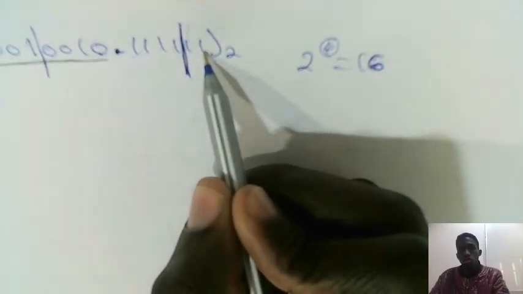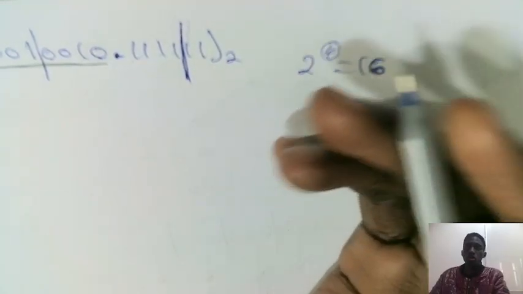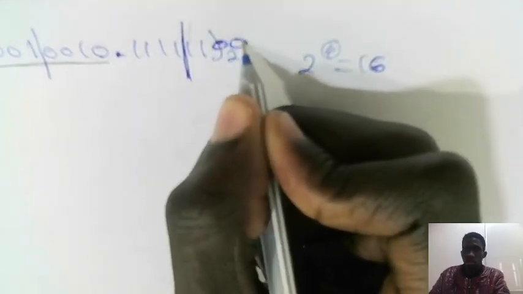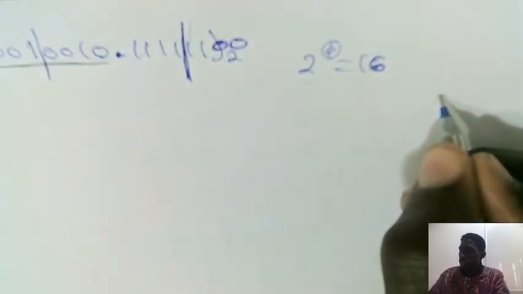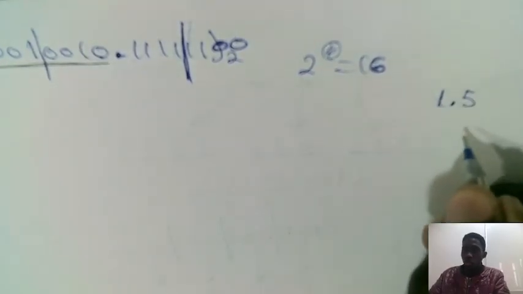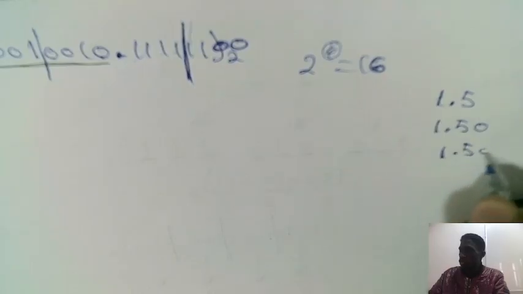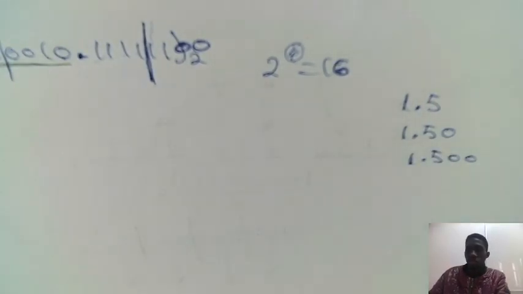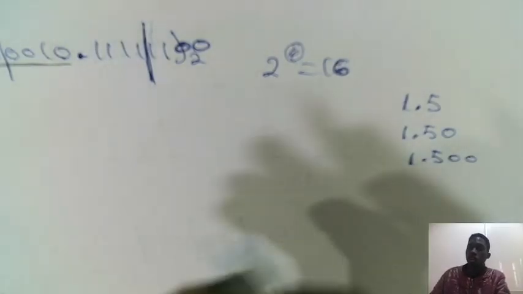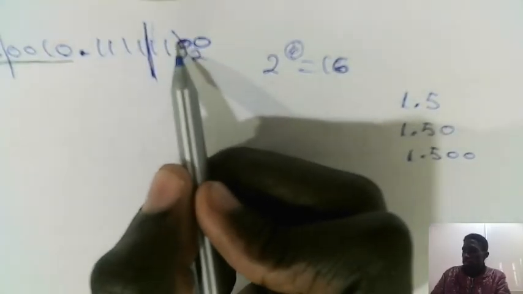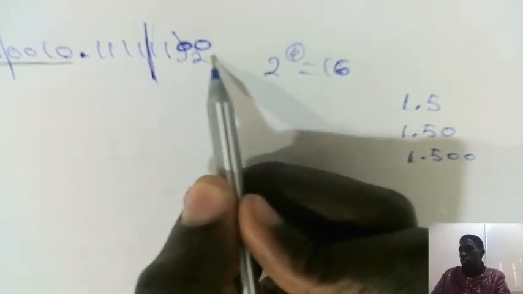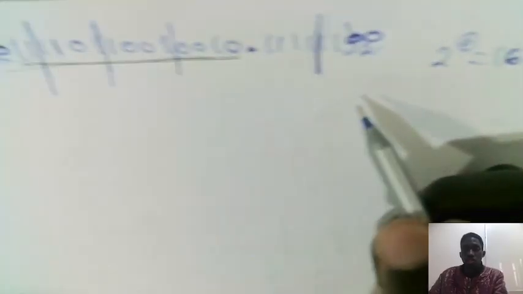Now here 1, 2. It's not up to 4. What do I do? I add in 2 zeros at the end of the number, because 1.5 is the same thing as 1.50, the same thing as 1.500. So I can add any amount of zeros I want after the 5 and it will still be 1.5. So I add 2 zeros at the end to make it a complete group of 4.